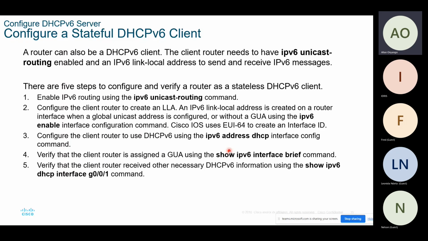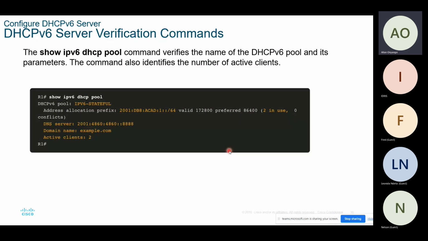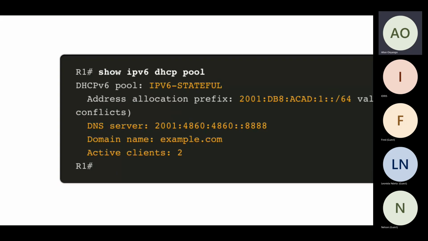The last thing is now, how can we make a router become a relay agent? Of course, this is the show IPv6 DHCP pool, and you can see a few things here. The name of the pool here is IPv6-STATEFUL. We prefer the name in capital letters, but it's not a must, but it stands out.